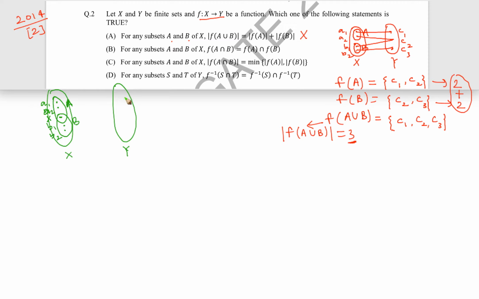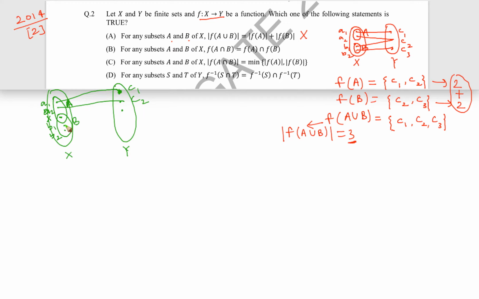After that, let the mapping be something like this. Let's say a1 maps to c1, so this element is c1, and a2 maps to c2, and we'll do x later.